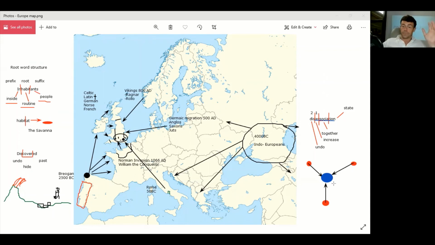So these individuals, after finishing working together, they now go their separate ways. They are no longer associated. And now it is a disassociation.